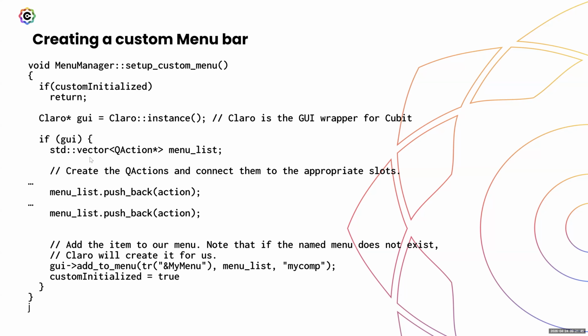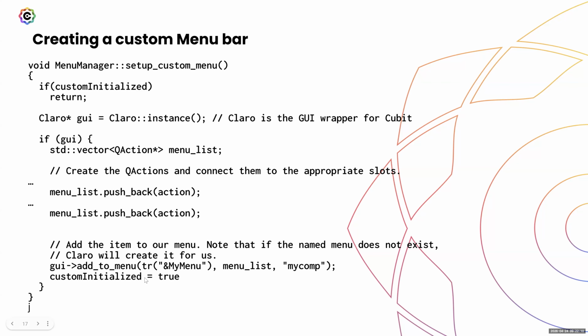If that GUI wrapper exists, we define a vector of actions, and then we create all of those actions. We push the actions back onto a menu list, and then tell the GUI to add my menu within my component into Qubit.